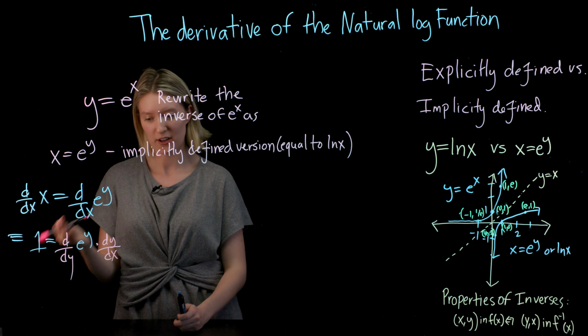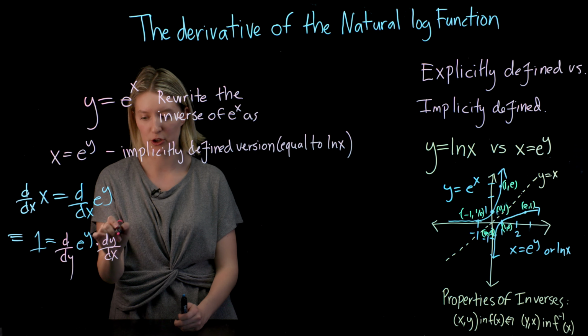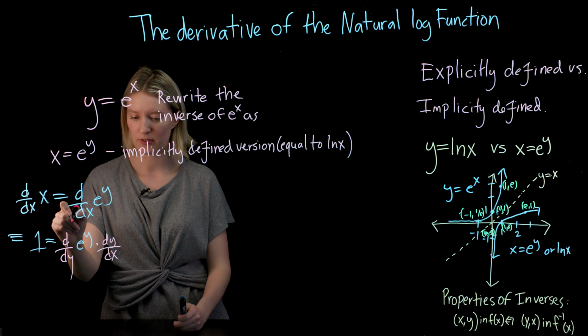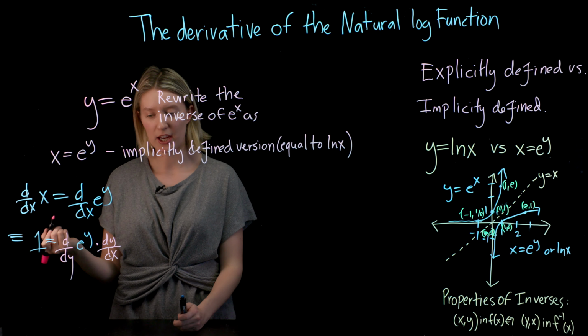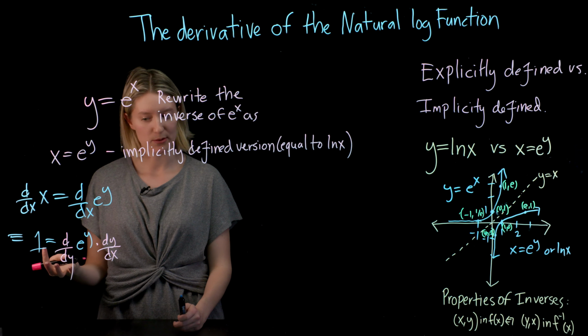If I wanted to double check my work, I could cancel out this dy in the numerator and denominator, and then I'll be left with d over dx, which confirms that even though my equation looks different, it's still equivalent to the original expression.